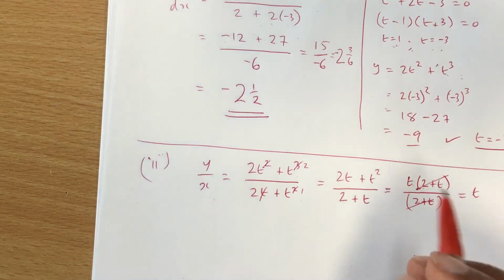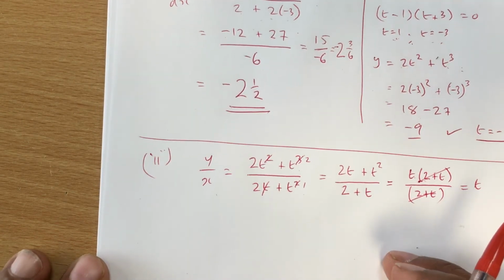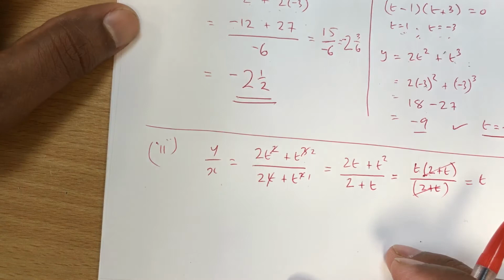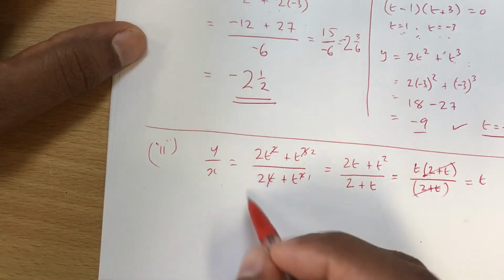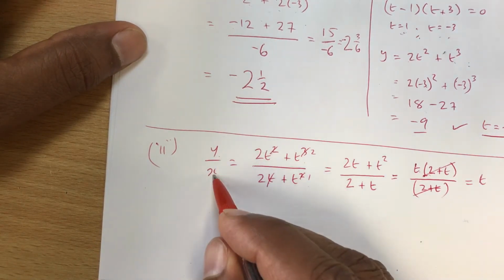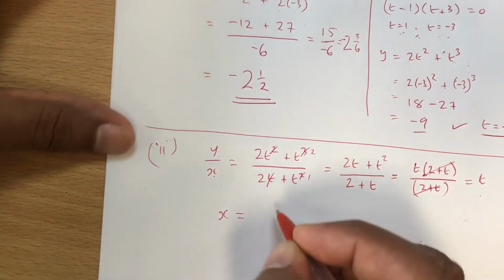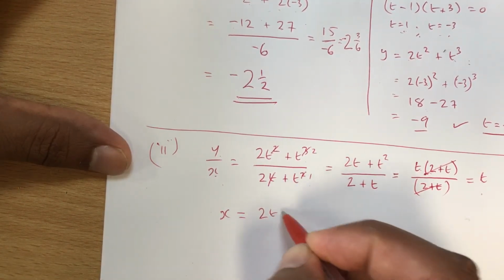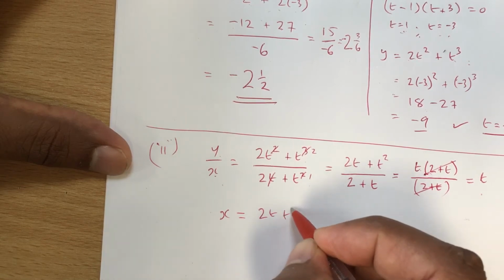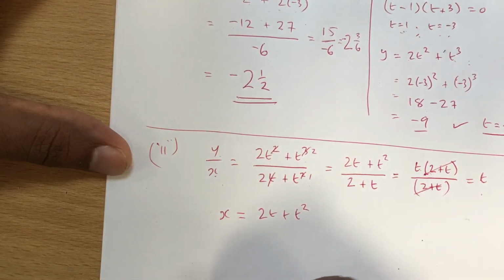Now I can use any one of the equations. I'm going to use the simpler form. I know that y over x equals t, and I also know that x equals 2t plus t squared.